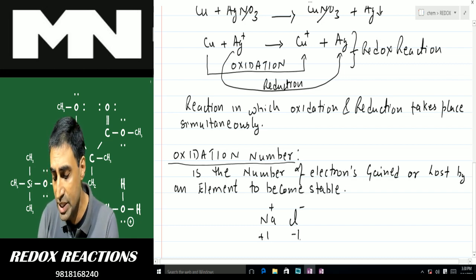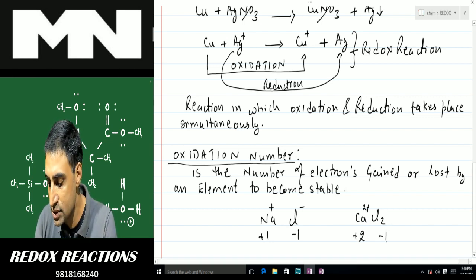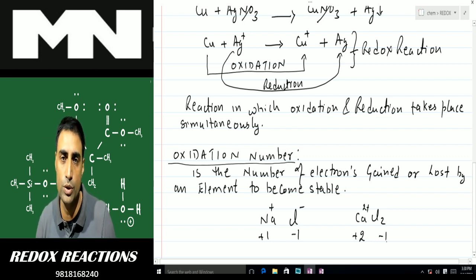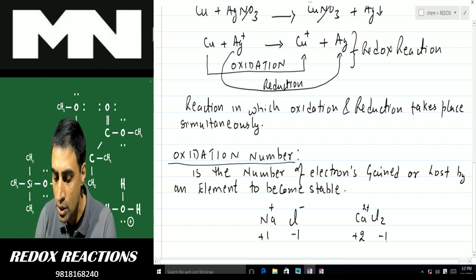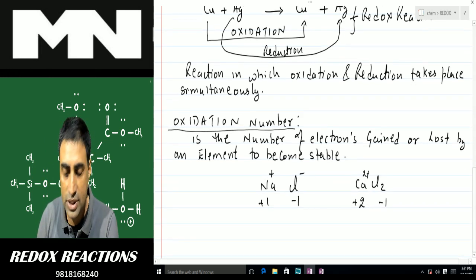You can have other examples also, like CaCl2. Here Ca is 2+, so the oxidation number of calcium is +2, and chlorine is -1. You have two chlorines over here, that's why it's -1 into 2 for both the chlorines. So oxidation number is the number of electrons gained or lost by an element to become stable.